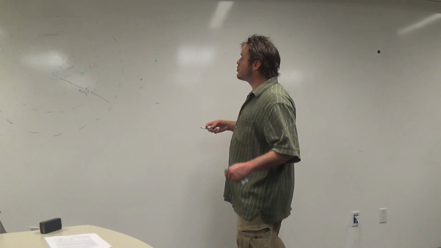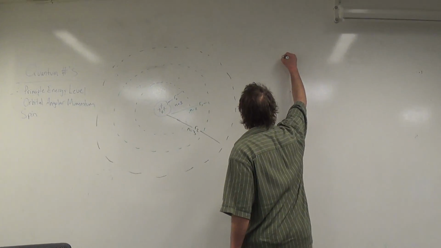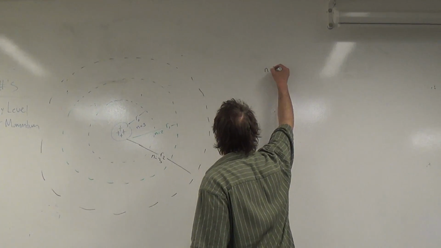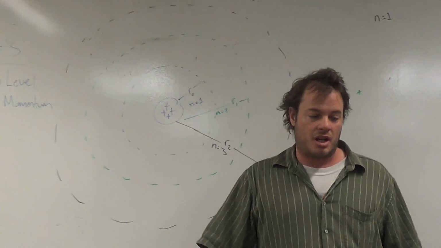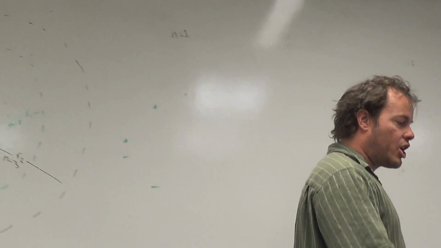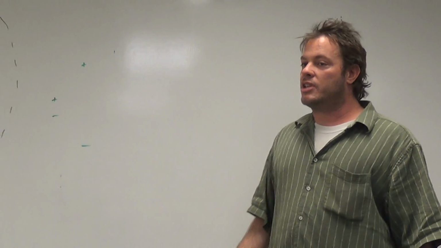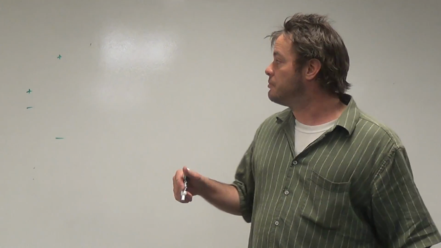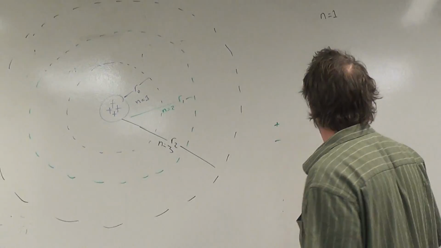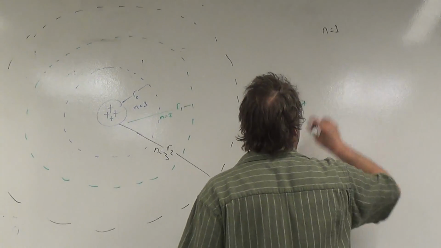For the N equals 1, we've got a pretty tight volume around the nucleus, and there's not a lot of space to share many electrons. And what ends up happening is that you only have one orbital that's allowed to occupy that volume. And that orbital is spherical in shape.